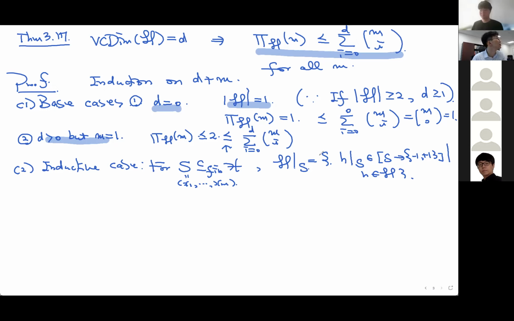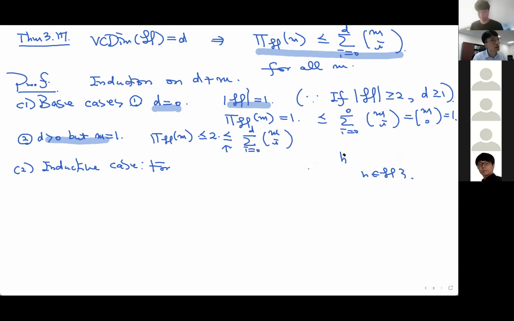Let me write it differently. I think I should explain this slightly differently. Let's call S a sequence of size m.